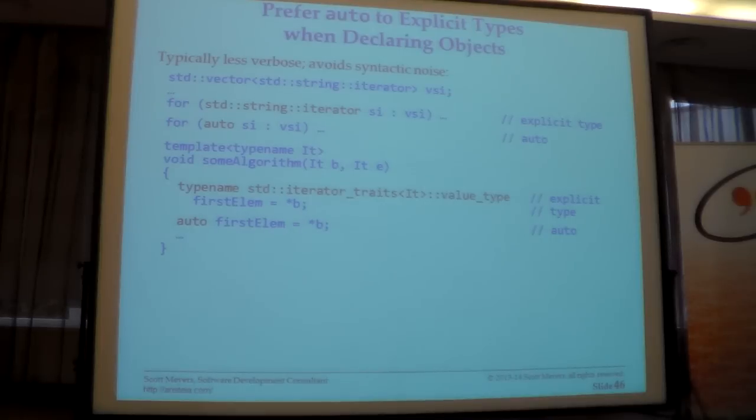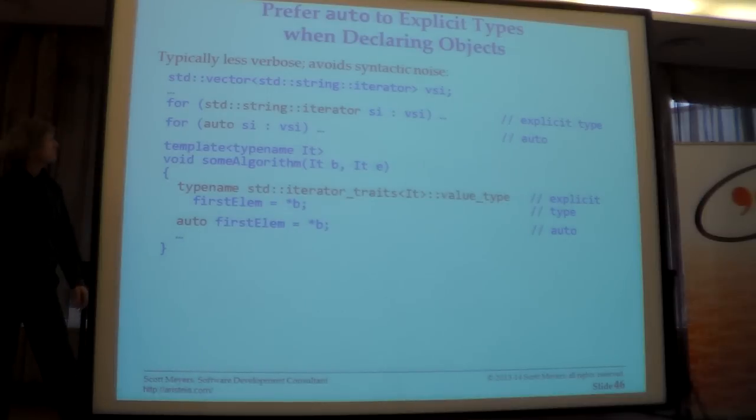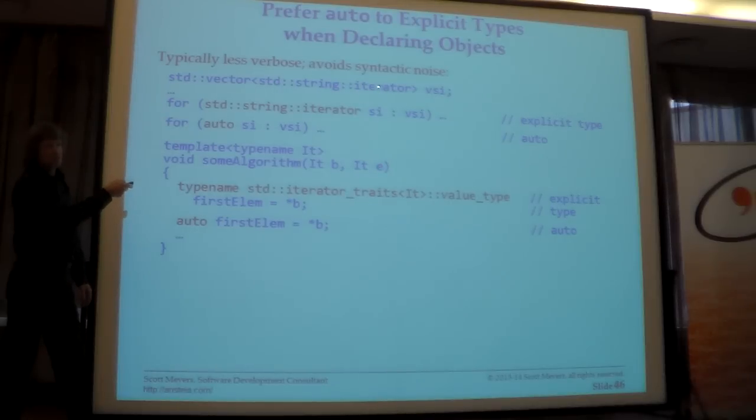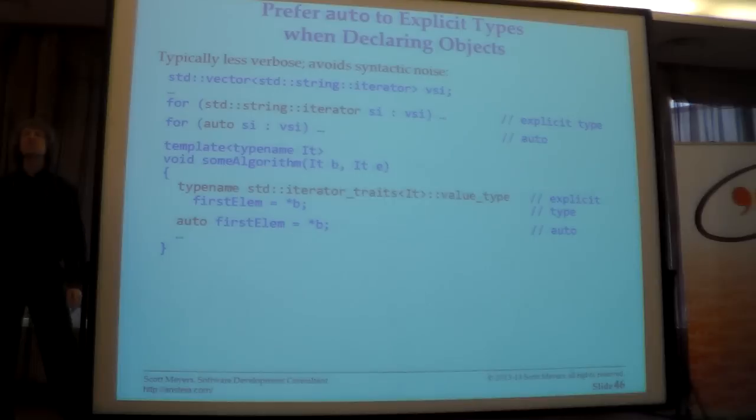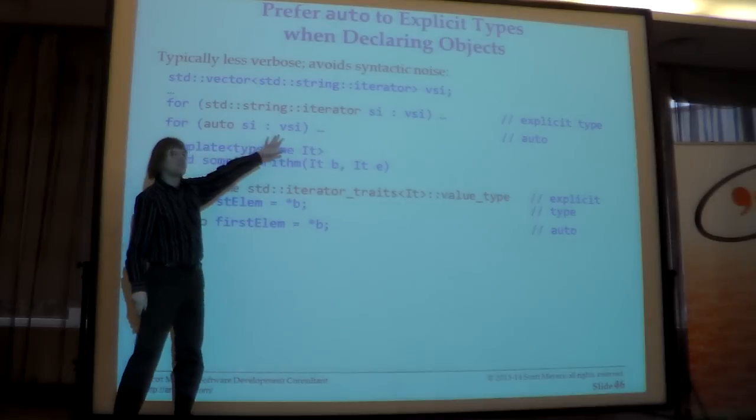So let's go to something that most people run across more quickly. It actually makes your code easier to read in some cases. If I have a vector of string iterators, and I want to do something for every one of those iterators, I could say for std::string::iterator si : vsi, I have to type all this, or I can just say for auto si : vsi.